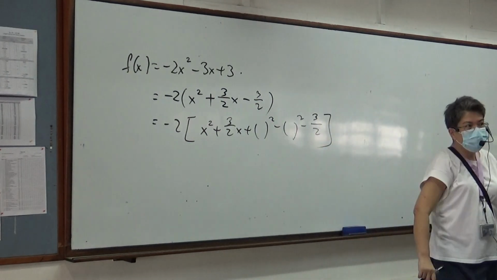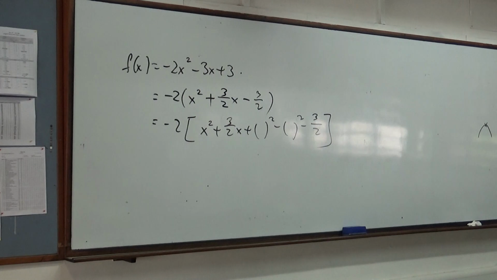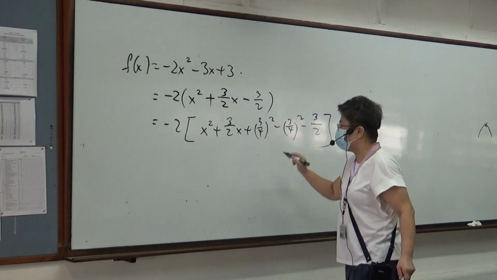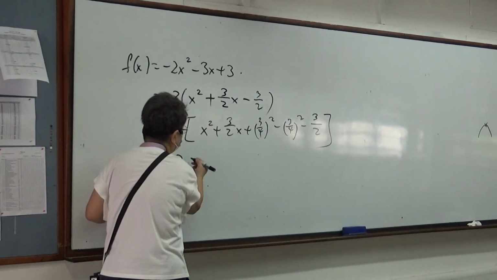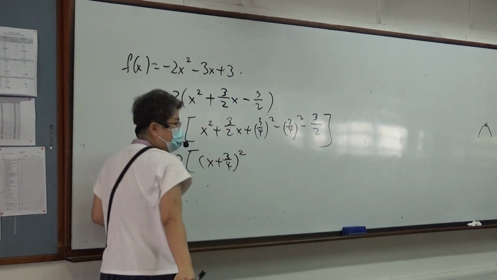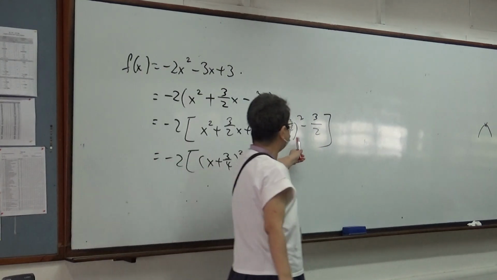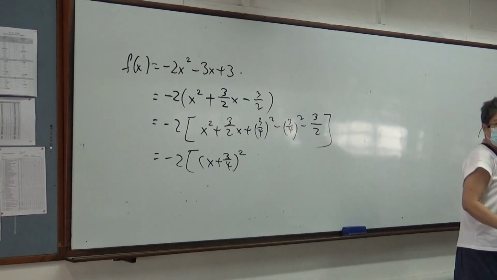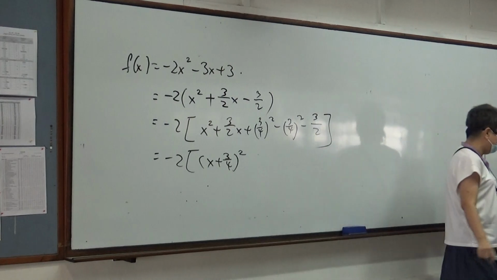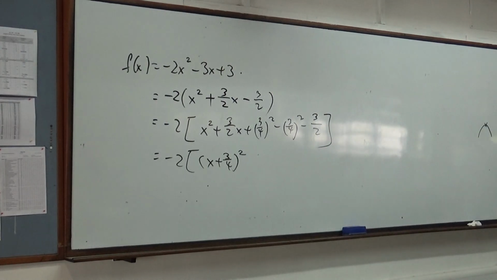Now, I told you before in E-Maths, divide by 2 is the same as times half, right? So what should be this blank? 3 over 4, very good. So this is negative 2 (x plus 3 over 4) squared, right? Can you key this value for me in the calculator? Negative 9 over 16 minus 3 over 2, what will it be? Give me an improper fraction.